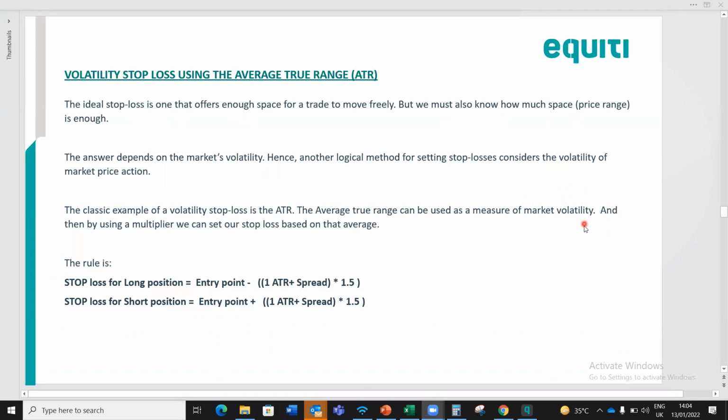The average true range can be used as a measure of market volatility. So the average true range helps us identify the volatility of the asset we want to trade, and then by using a multiplier, that is a factor, we can set our stop loss based on that average.